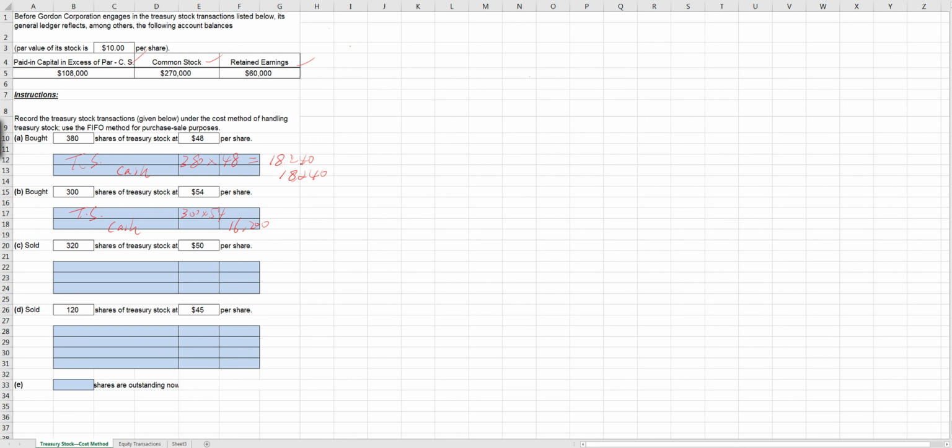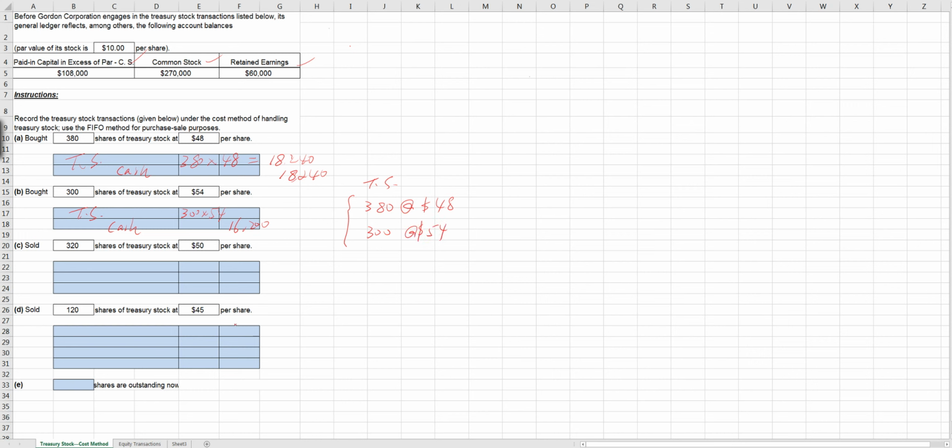All right, so now we're going to check our treasury stock warehouse. We have 380 shares at $48 and then 300 shares at $54.